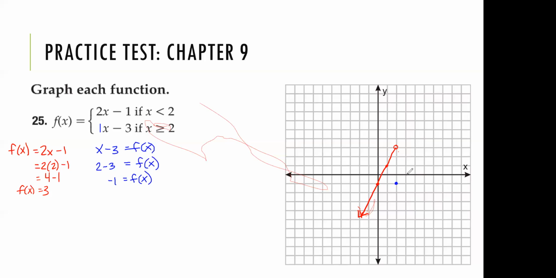So up 1 over 1, up 1 over 1, up 1 over 1 like that. So it's going to keep going in this direction. Again, the reason I didn't put the y-intercept, even though it's what the equation says, is that it only wants x when x is greater than or equal to 2. So it's only that part of the graph.